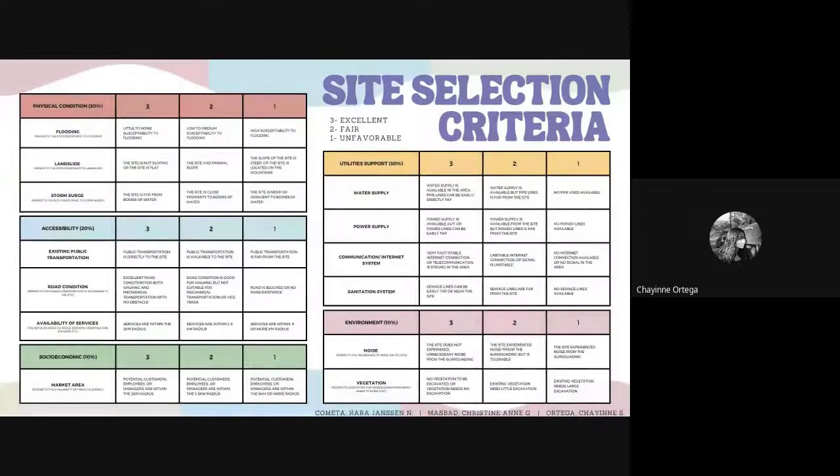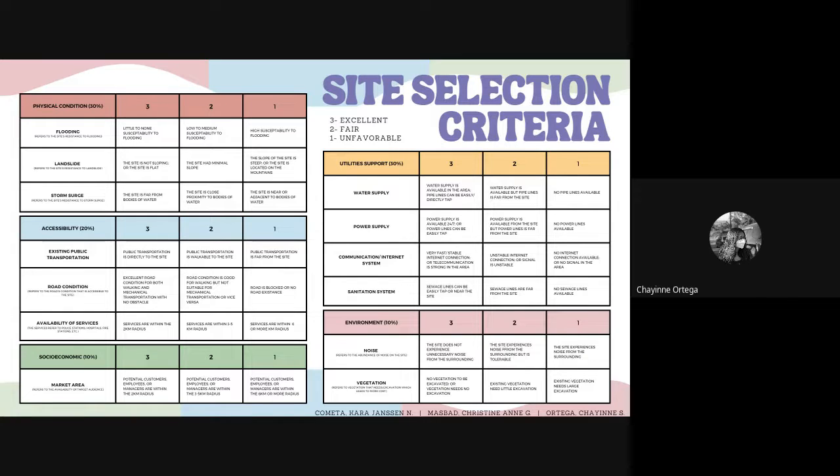For the site selection criteria, we have 5 categories: physical condition, which is 30% of the criteria, accessibility, 20%, socioeconomic, which is 10%, utility support, which is 30%, and environment, which is 10%. 3 is for excellent, 2 is for fair, and 1 is for unfavorable.